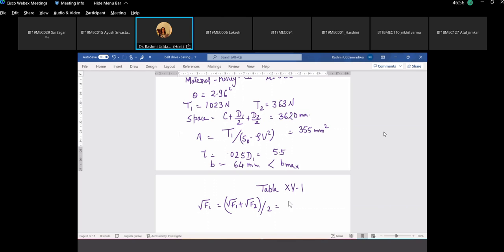And from here, we have to also find out what is the stress due to initial tension, which will be initial tension upon the area. So is that coming out to be 25 Newton? Is that the value of Fi?